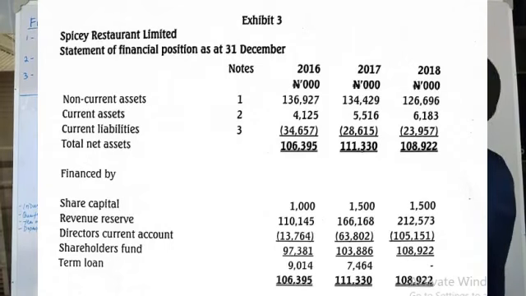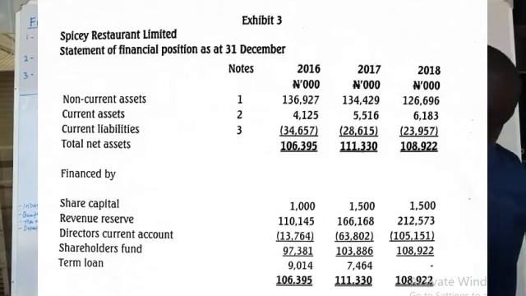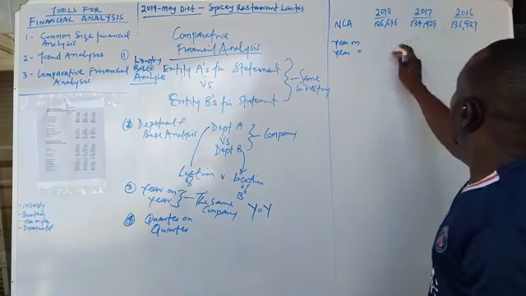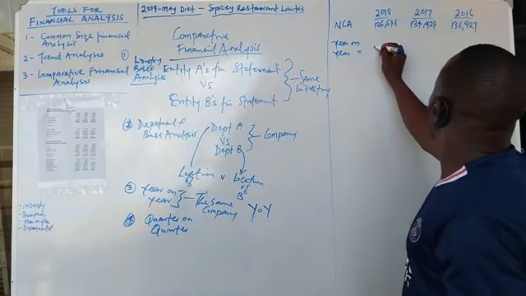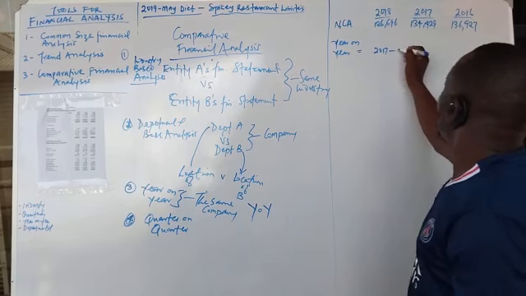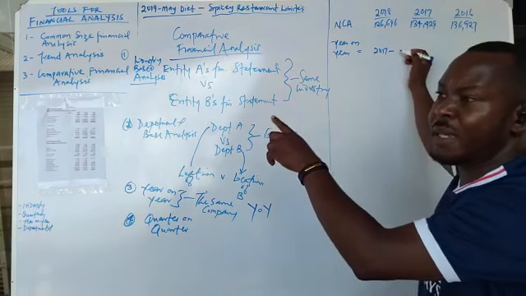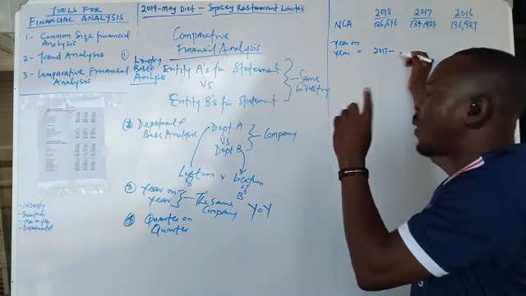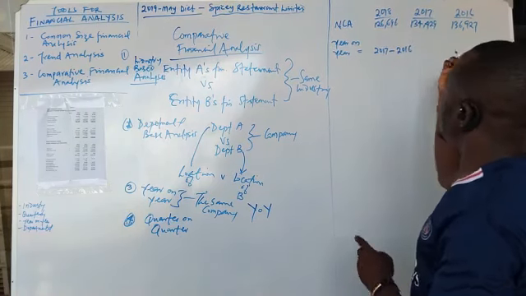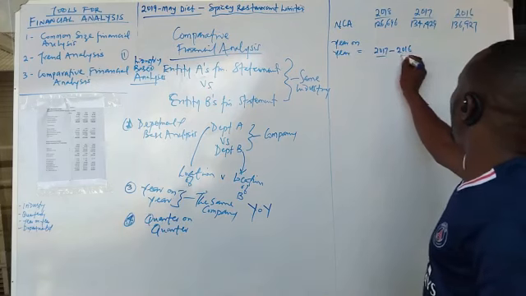comparison. Year on year comparison will say you compare year 2016 with 2017. Now, what does it mean? It means that you compare the difference between 2017 minus 2016, just like the way we treated the absolute figure in our trend analysis. And what's the value of this?